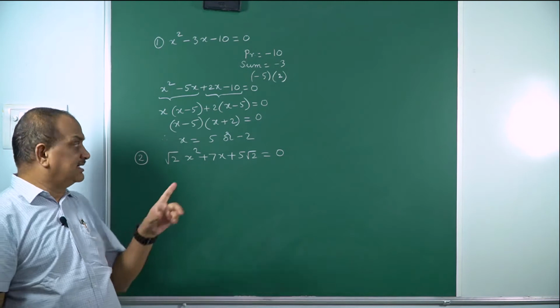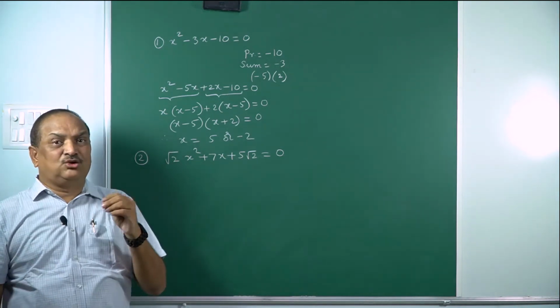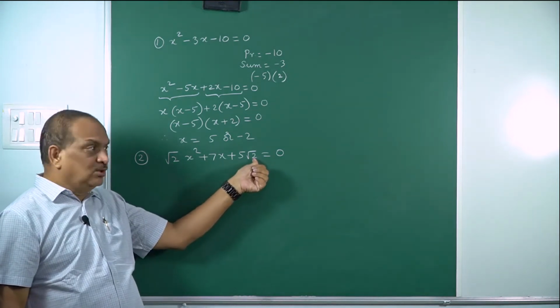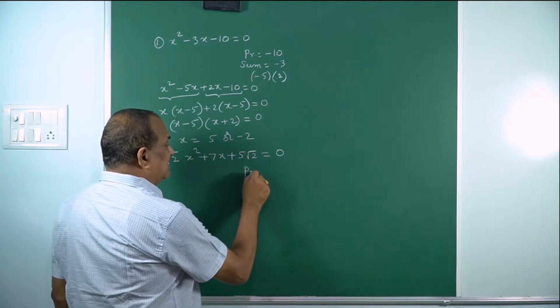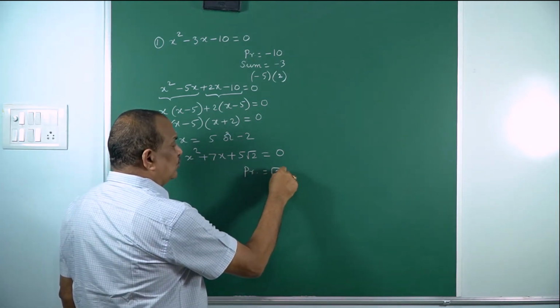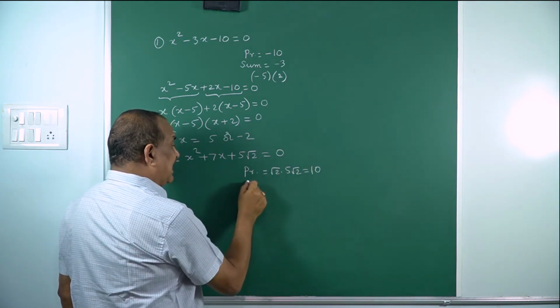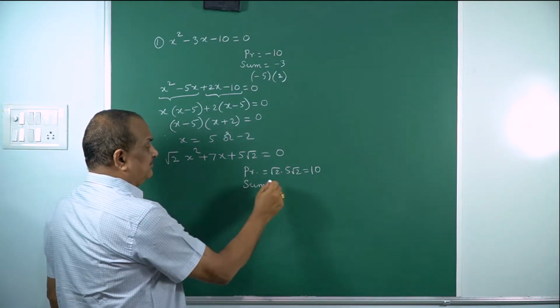What could be the product? Root 2 times 5 root 2. That should be the product. Root 2 times root 2 is 2. 2 times 5 is 10. And therefore here the product must be, you can write root 2 times 5 root 2, and I need that as 10. And I want the sum to be 7.